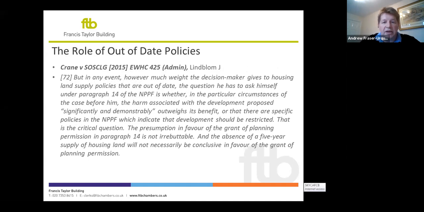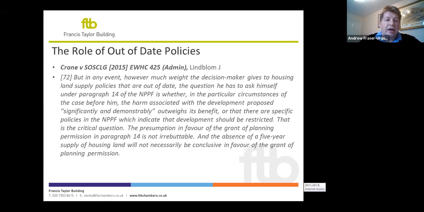Now the question then arises, and it was also touched on in the Gladman case, which Esther's been just dealing with, is what's the role of out-of-date policies? Policies which are out of date do not disappear in a puff of smoke and cease to have any existence.